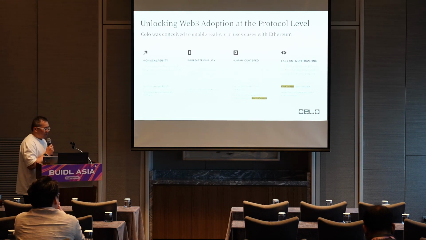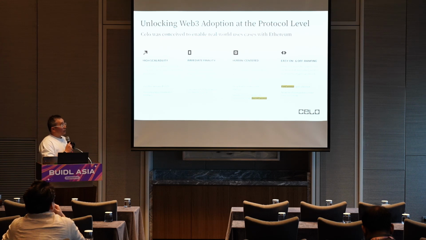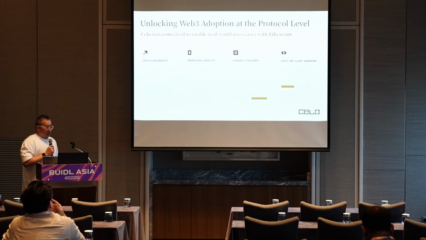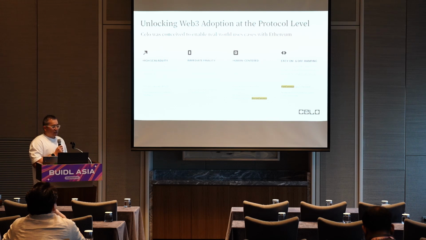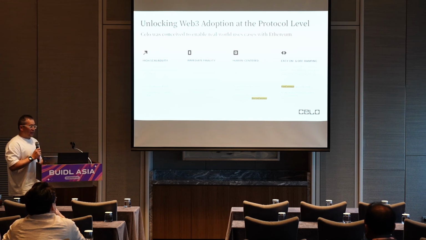So when we dig a little bit deeper into how we're helping to unlock more real-world use cases, we take a look at high scalability, and what we mean by that is very low fees. On Celo, fees average under half a penny, in some cases like 0.1.